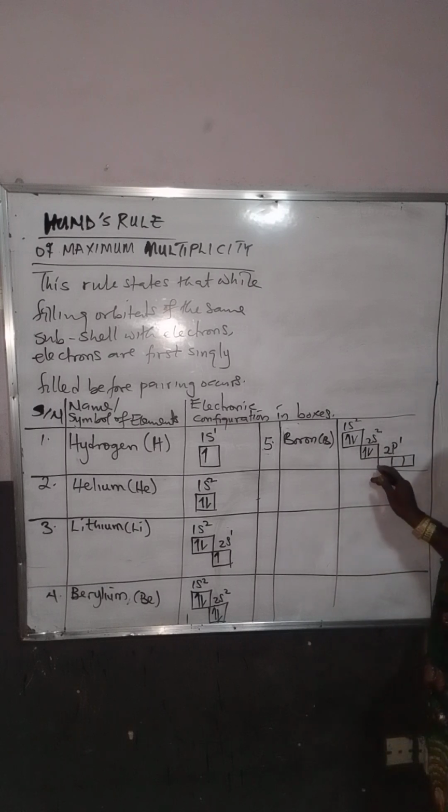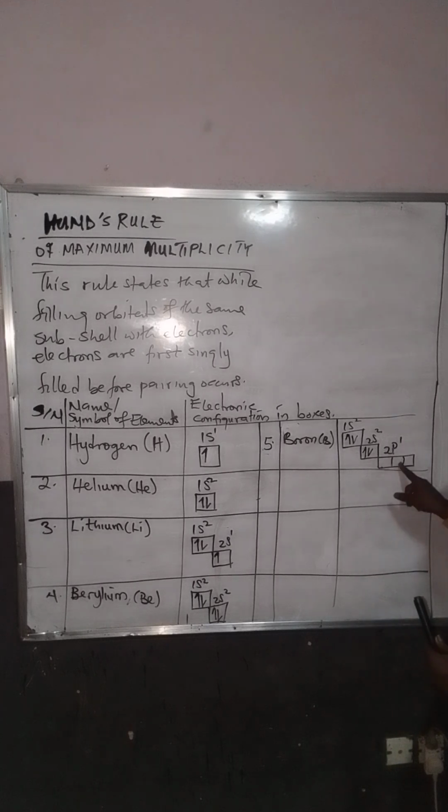Now this p orbital. Don't forget, in our previous video, p orbital has 3 degenerates: px, py, and pz. They are orbitals of the same subshell. What is the name of that subshell? P orbital.